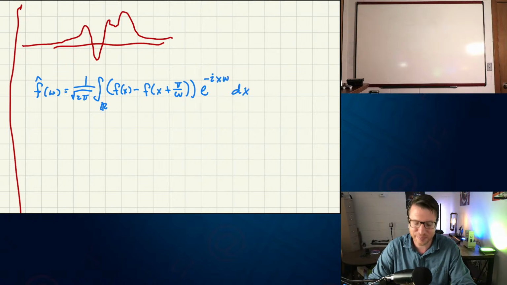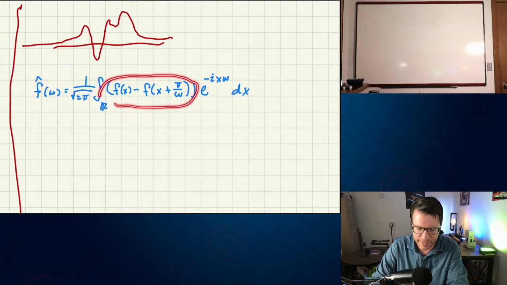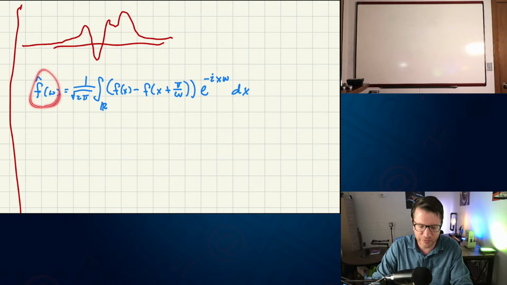All right, so that's pretty cool. So now let's take a look at what we have. We have this here, and we're trying to show that as omega goes to infinity, this goes to 0. Well, if f was continuous, then as omega goes to infinity, this term's going to 0, so the inner term's going to x, which means that this whole thing tends to f of x minus f of x, or 0.